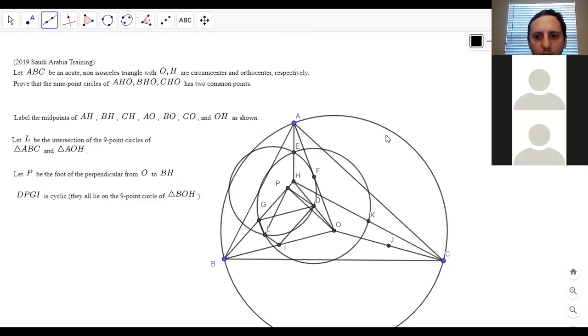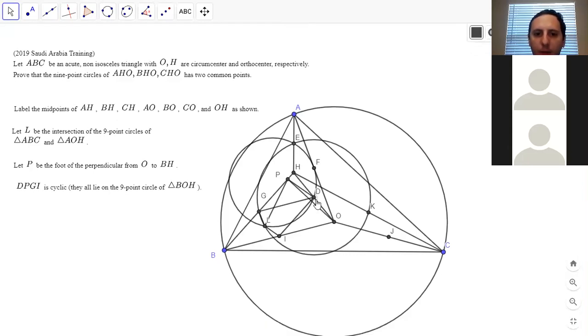Yeah, that's true. If the centers of the circles lie on a line, that does solve it. Because we know they all pass through point B, which is the nine-point center.